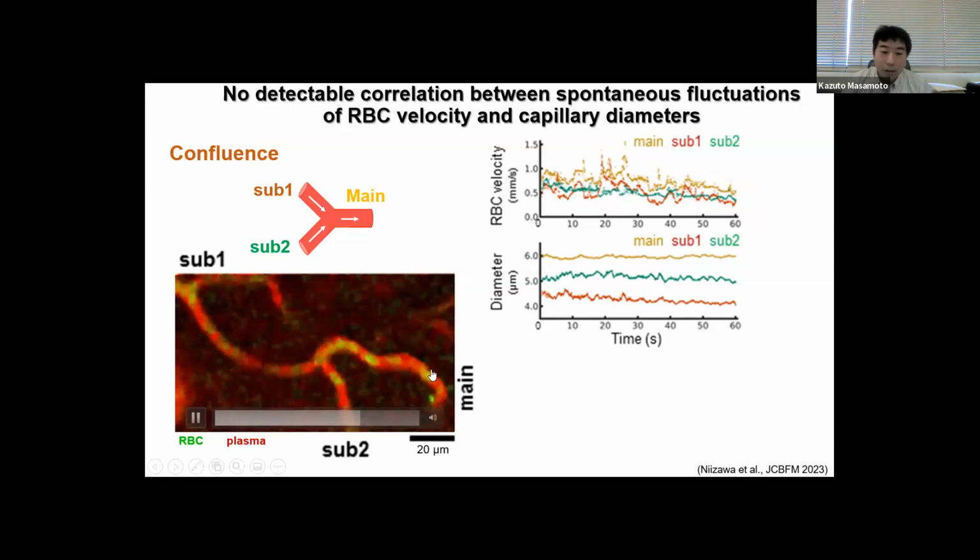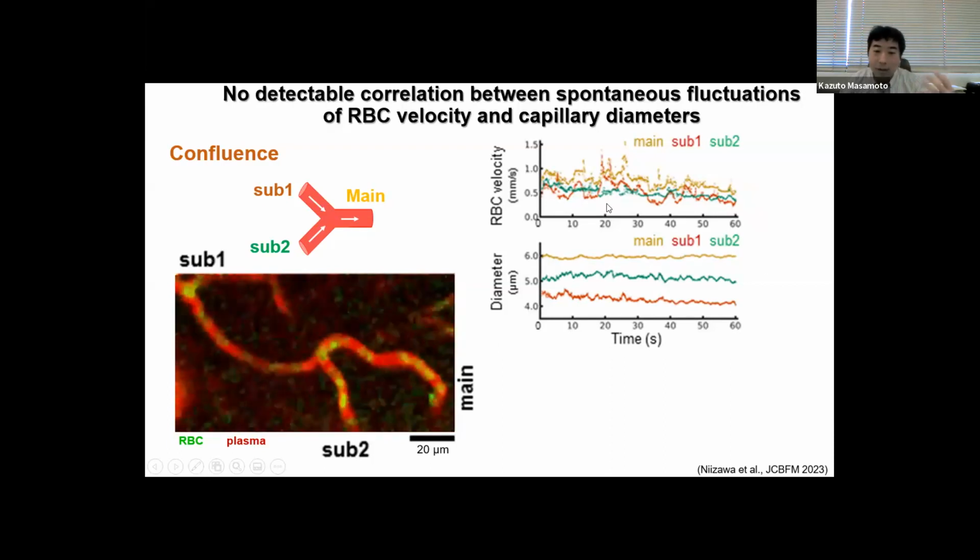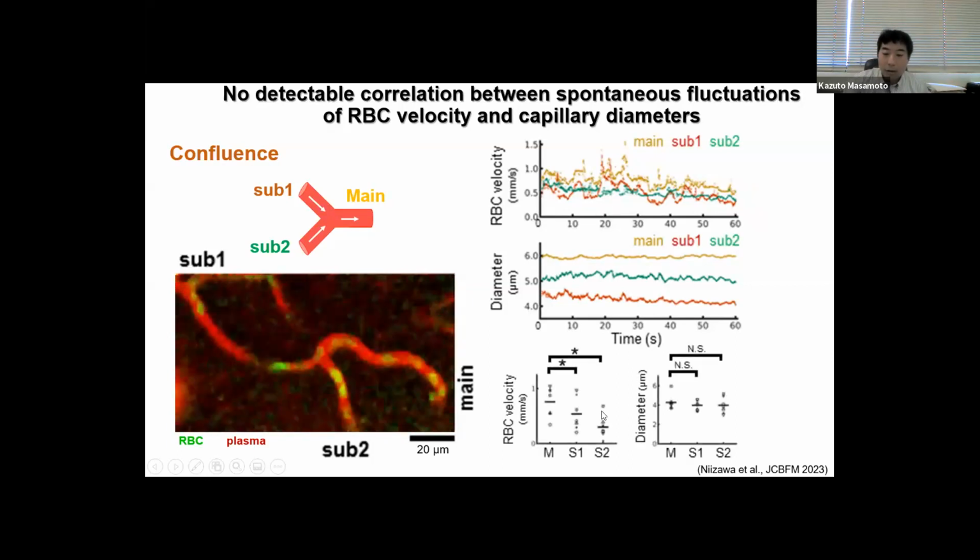You see very slight or almost no change in the capillary diameter, no detectable change by eye maybe, but the flow changes dramatically and fluctuates. If we average all these mother capillaries and daughter capillaries, the velocity is higher in the two daughter capillaries, and slower in the mother capillary, but the three capillaries have almost the same diameter.